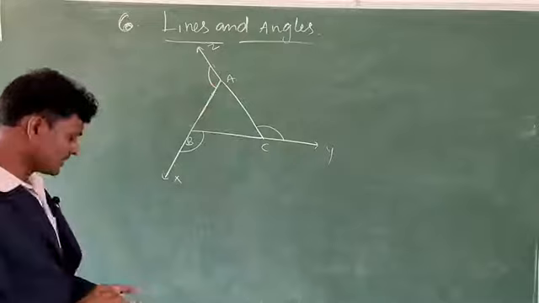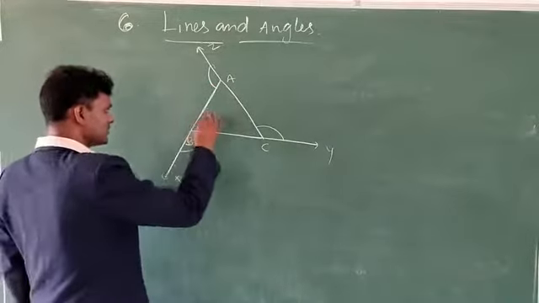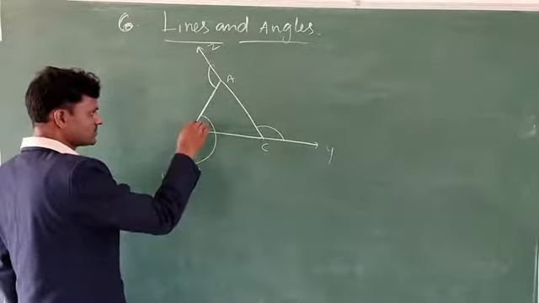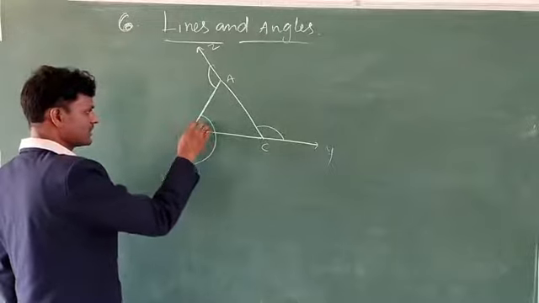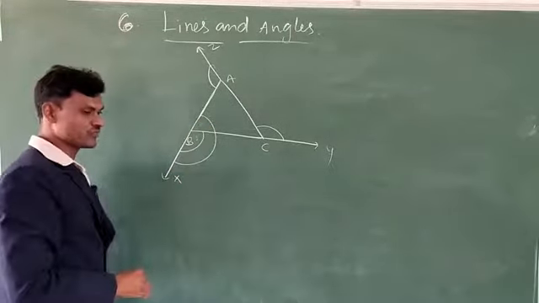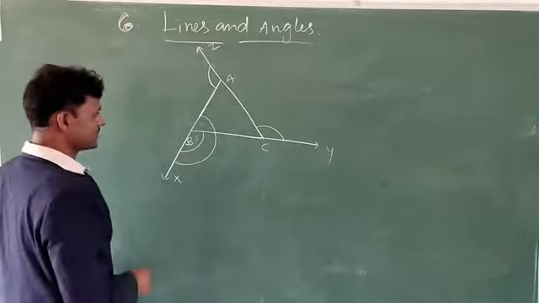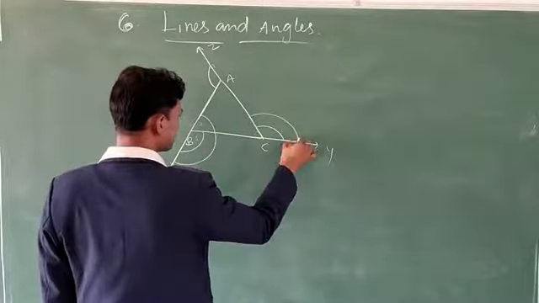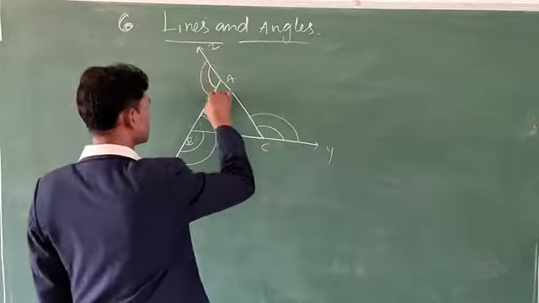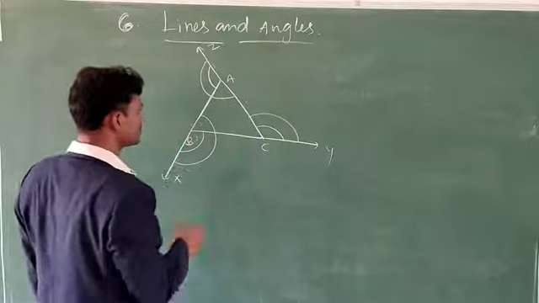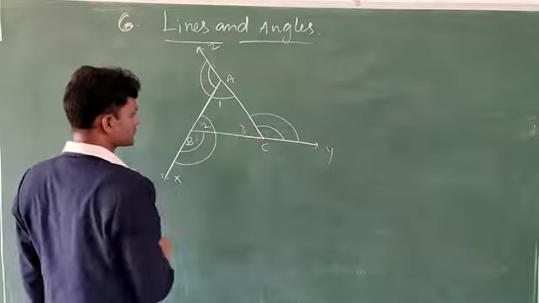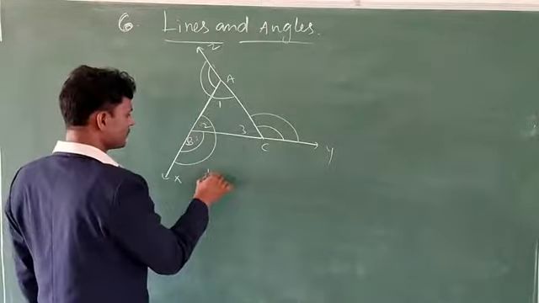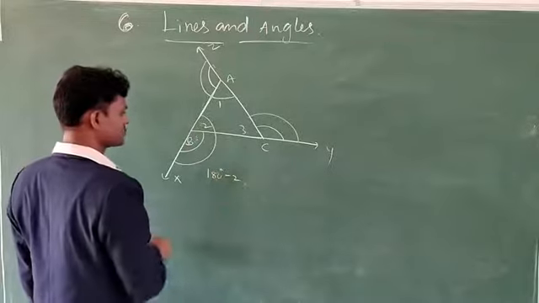Now see here, this is a linear angle. The sum of these adjacent angles, or linear angles, these two angles is equal to how many degrees? 180 degrees. Here the sum of these two is also 180 degrees, and the sum of these two also 180 degrees. But we know that these are 1, 2, 3. Angle B is equal to 180 minus angle 2.